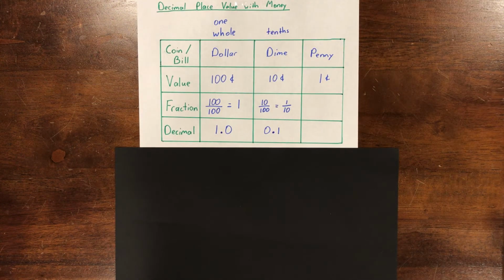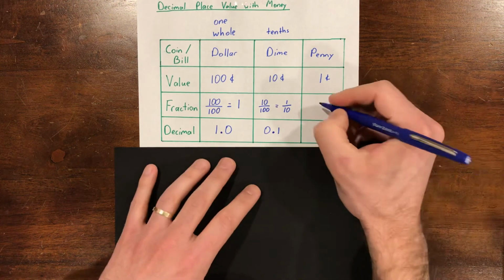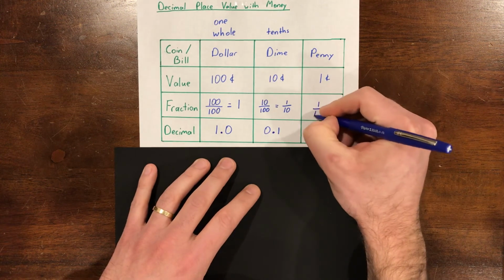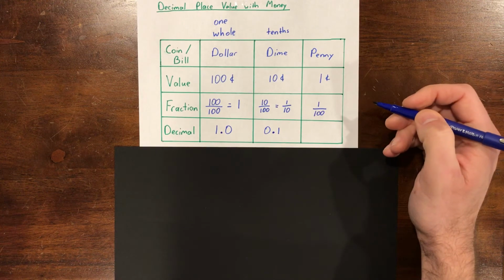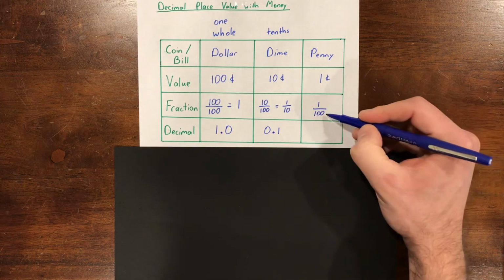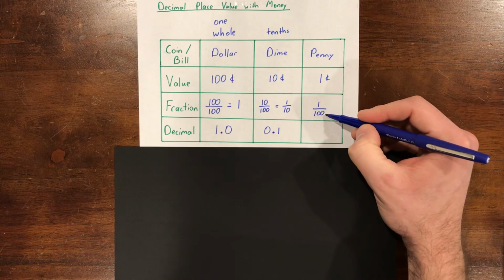Okay, now a penny. How can we express a penny as a fraction and why? Say it out loud. Mm-hmm. 1 for the numerator with 100 as the denominator, right? A penny, sorry, we know that there are 100 total cents in the whole dollar, right?